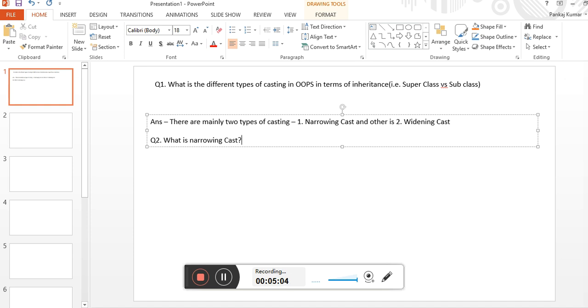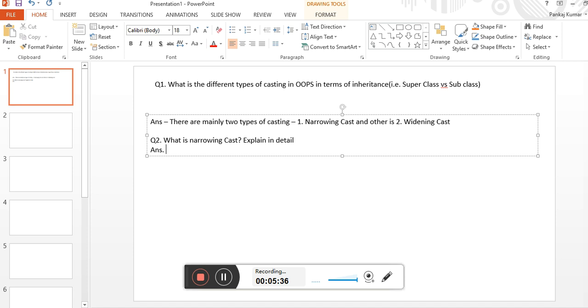The interviewer can ask you what is narrowing cast, explain in detail. You can answer like this: narrowing cast is nothing but assigning the object instance of a subclass to the reference of a superclass.